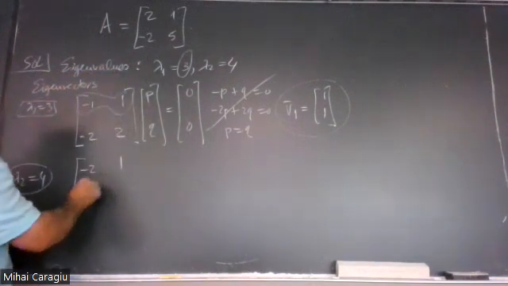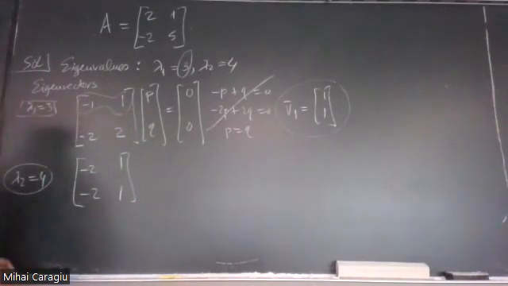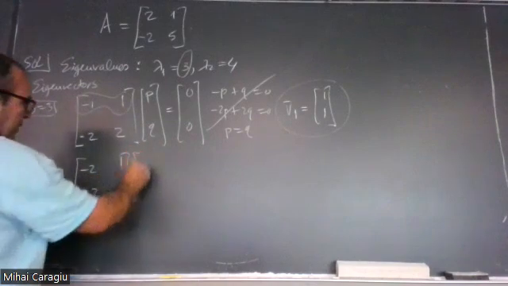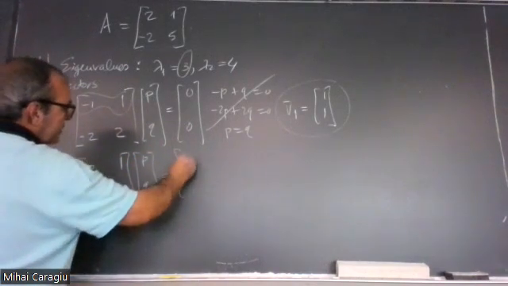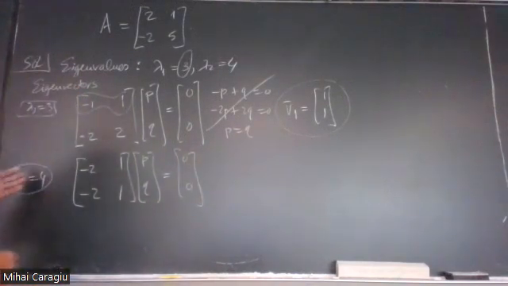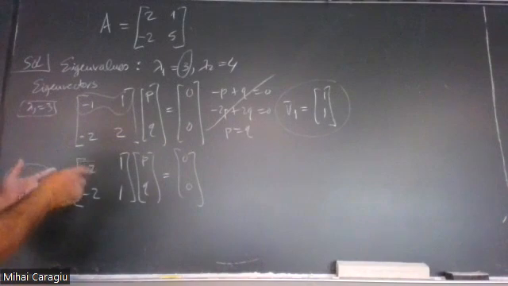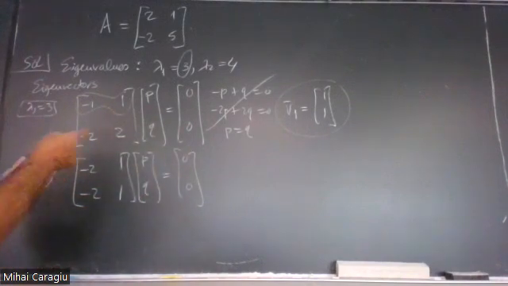Minus 2, leave it alone. And 5 minus 4 equals 1. So minus 2, 1, minus 2, 1, multiplied by the vector PQ equals 0, 0. So on the left, we get A minus 4I, 4 times the identity matrix, times the eigenvector V equals the null vector. A minus 4I times V equals the null vector means AV equals 4V.